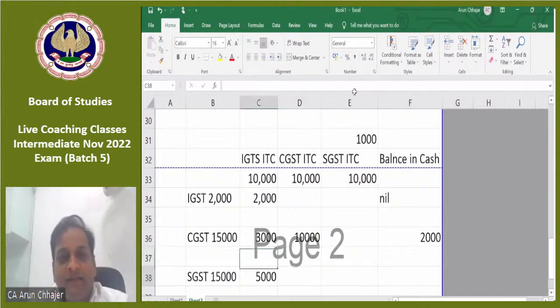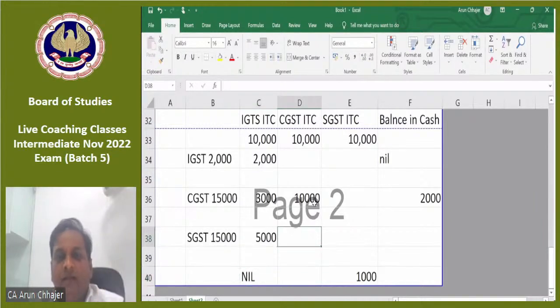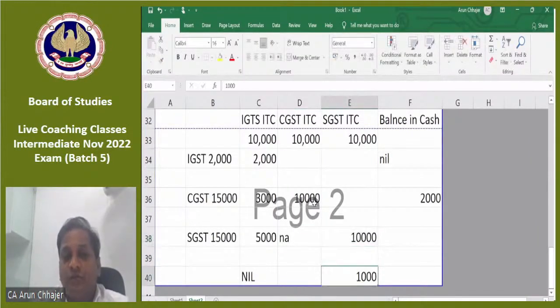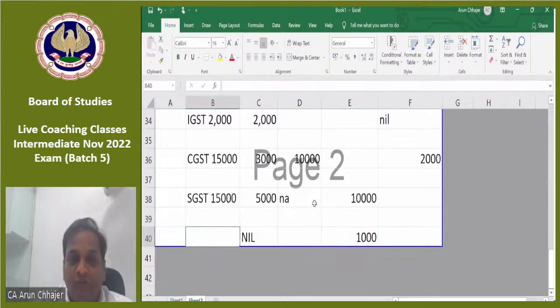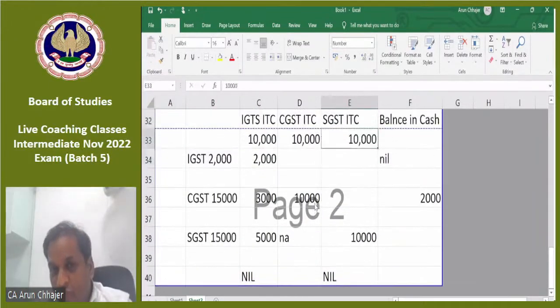Great. Now, in this manner, the balance available in IGST ITC is 5,000. He has given 5,000 to S. Not applicable, and here they will take 10,000. What is the closing balance? The closing balance of ITC in SGST becomes 0.